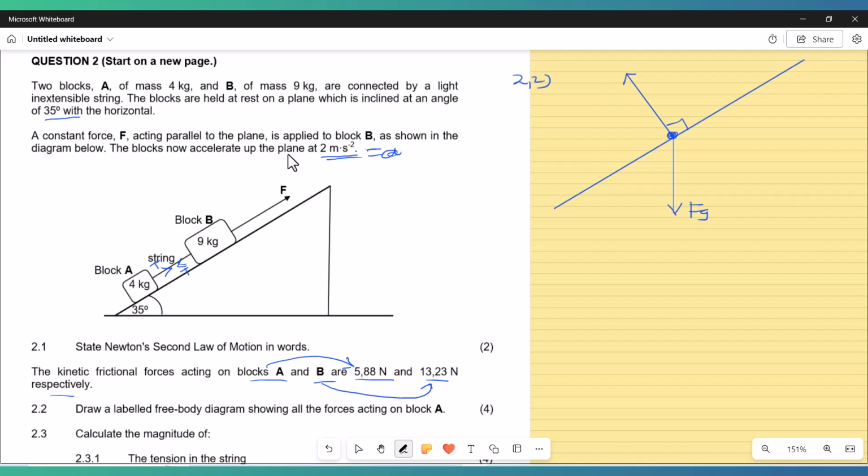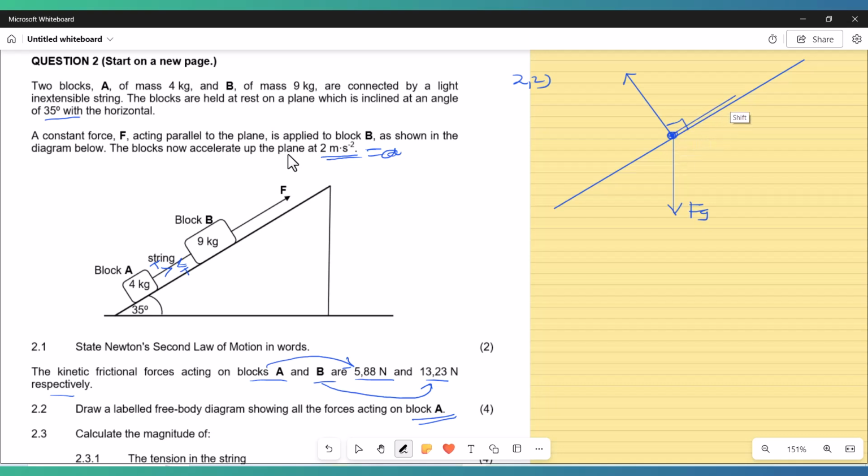And then what else do we have? Now talking about block A, this block A is pulled by the tension, so we're going to have the tension here, which is pulling up the slope. So we are pulling our free body by tension. This tension is going to be parallel to the surface, to the slope.